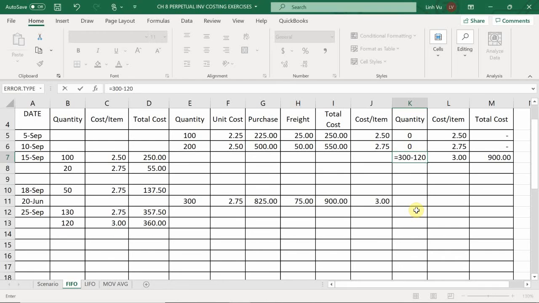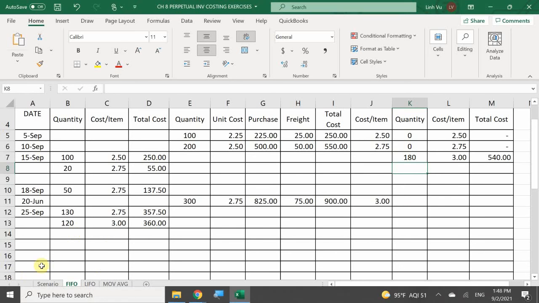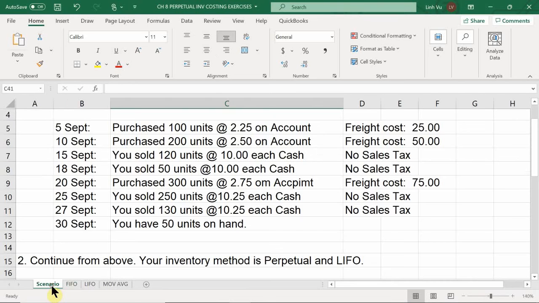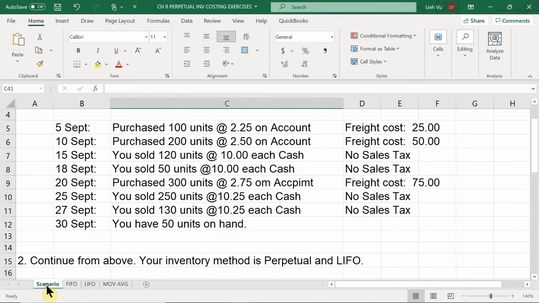How much should be left? 180. The new cost is 540. Good, 540.